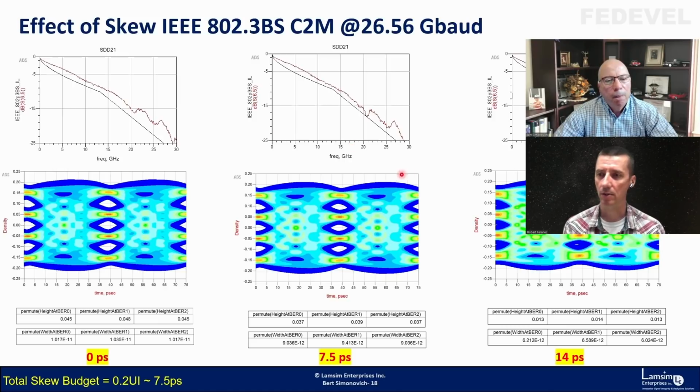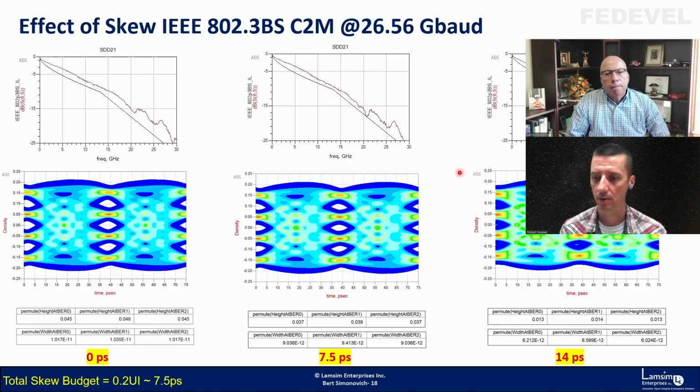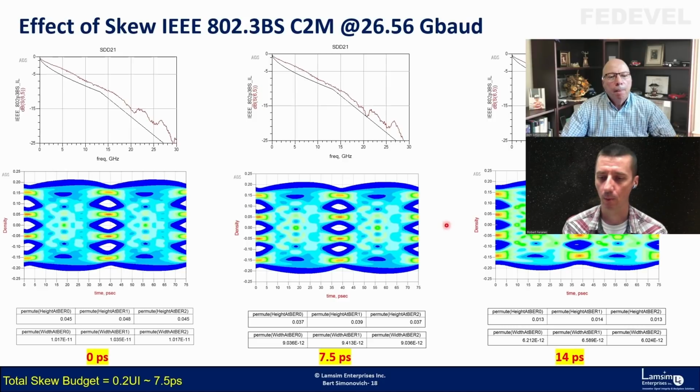This is interesting because now we are talking about loss, but how is this loss connected with the skew? Well, that goes back to where I talked about when you have skew, the differential conversion happens. Okay, right?